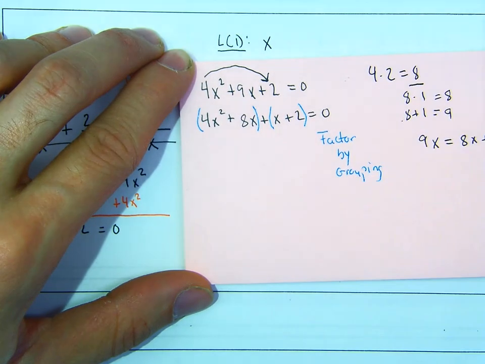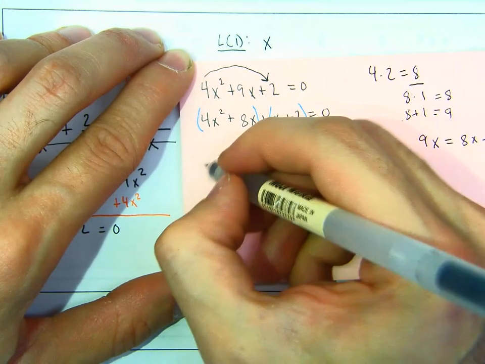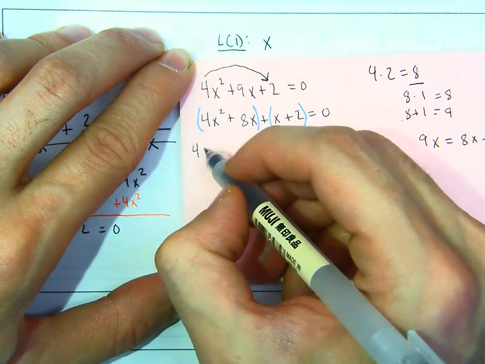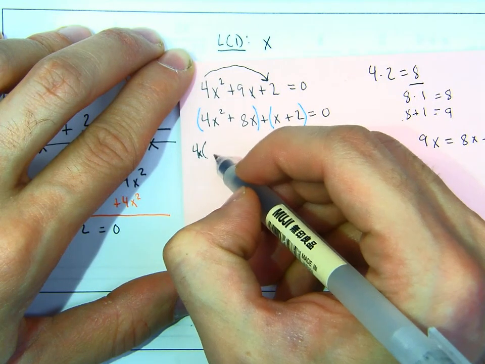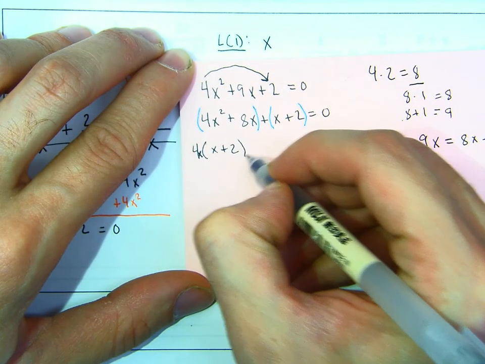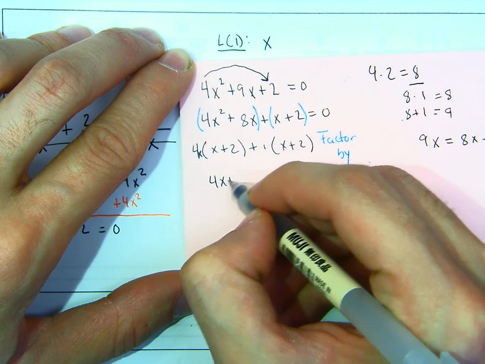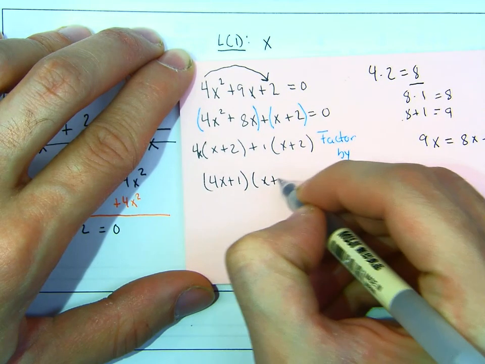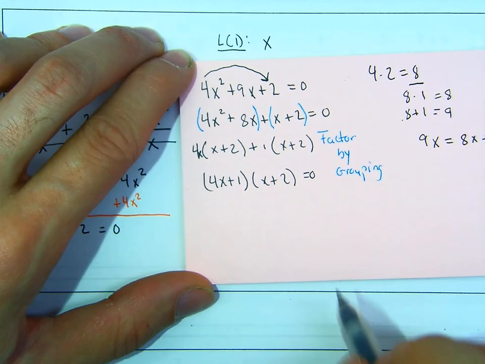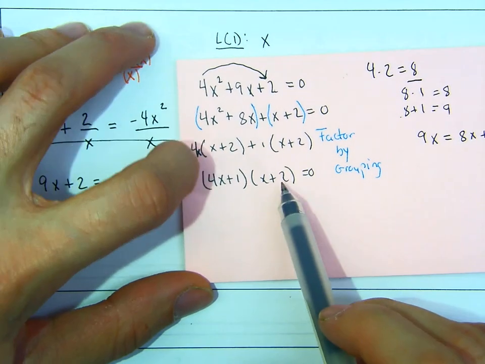So this is 4x times x plus 2, plus 1 times x plus 2. So now you have 4x plus 1 times x plus 2 equals 0. So now we just factored this to this.